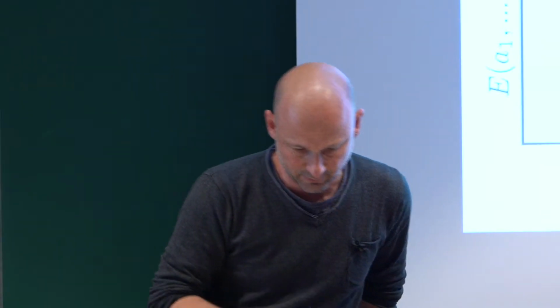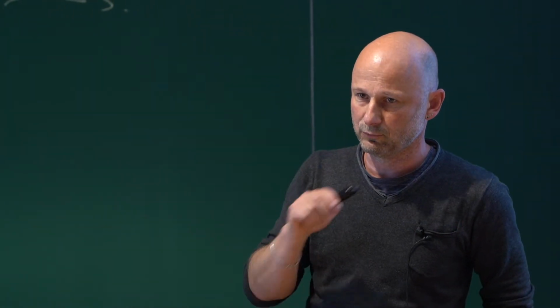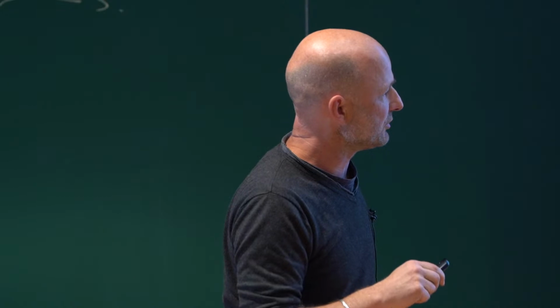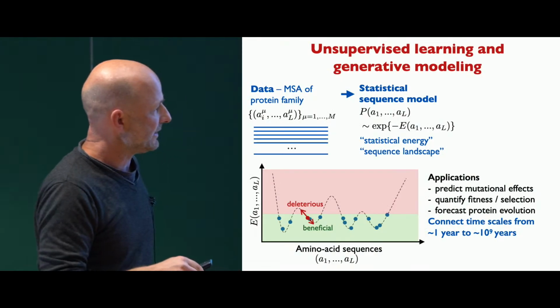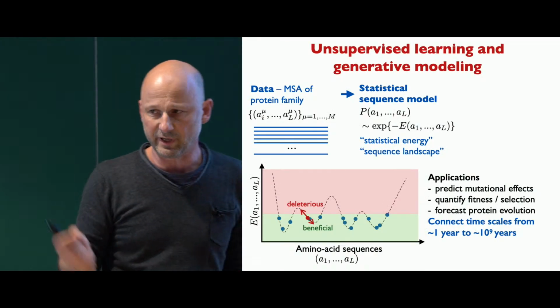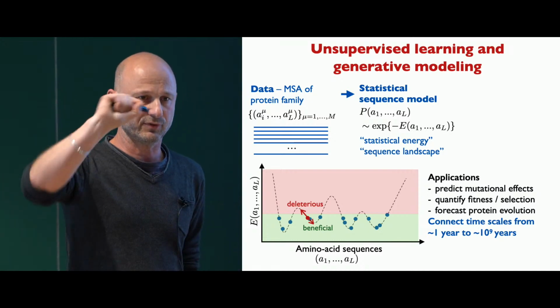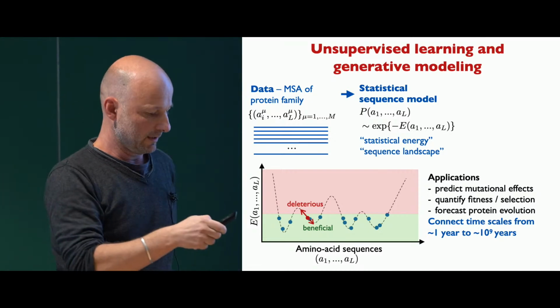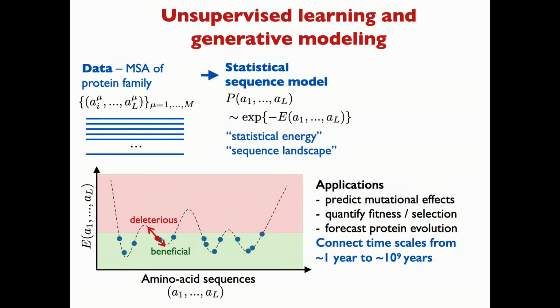So we have some kind of landscape, and already this allows us to do some interesting biological predictions. For instance, if I take a sequence and introduce a mutation, so I change one position, one amino acid, then this energy will go up or down. If it goes up, it's probably a deleterious mutation, so not a very good mutation, because the probability goes down.